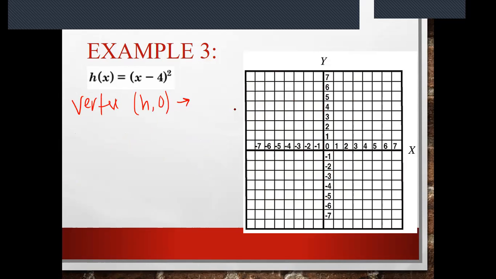Do you guys remember when we talked about absolute value, how we said that our x's are liars? So even though this looks like it's a negative 4, it's actually a positive 4. So our vertex is at 4, 0. I'm going to go to 4, 0, and that's my vertex. Which means that my axis of symmetry is at x equals 4.